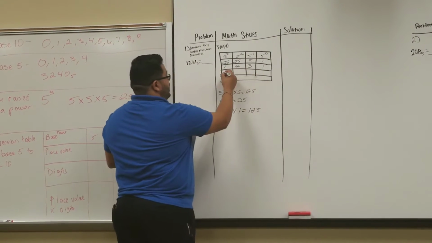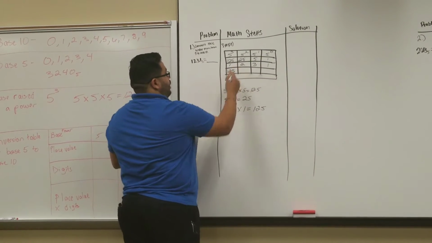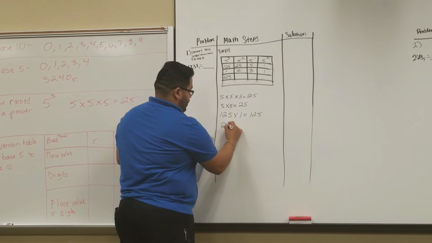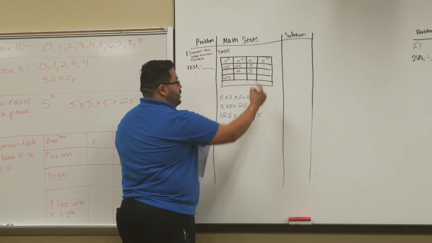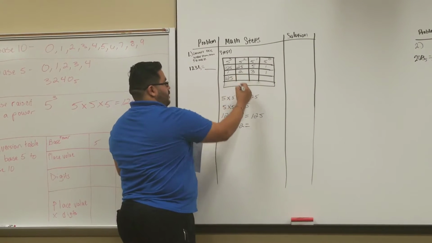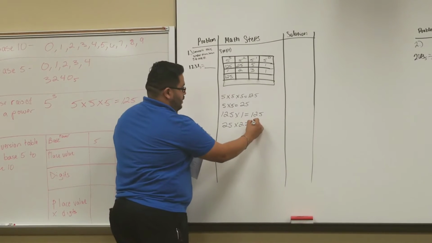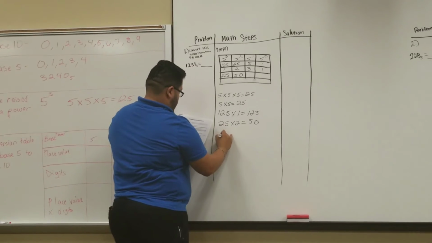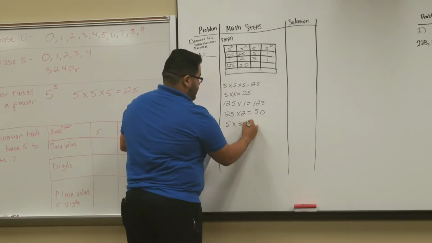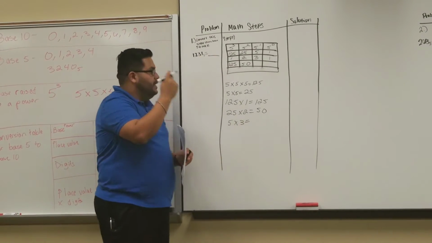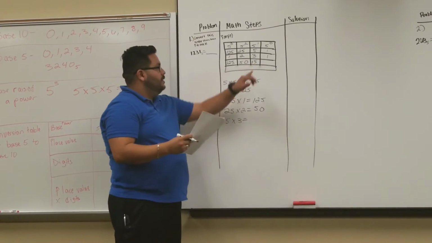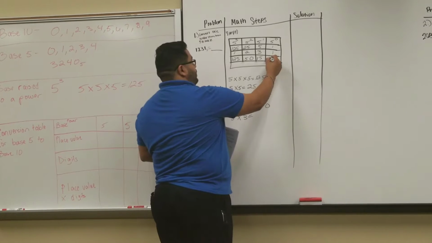So we're going to go ahead and bring that down to right here. Next, we're going to have 25 times 2. We're going to bring that down here, which is what? 50. That's good. Next, we're going to have 5 times 3, which gives us what? 15. Good job. And then our last one, 1 times 1 is 1.